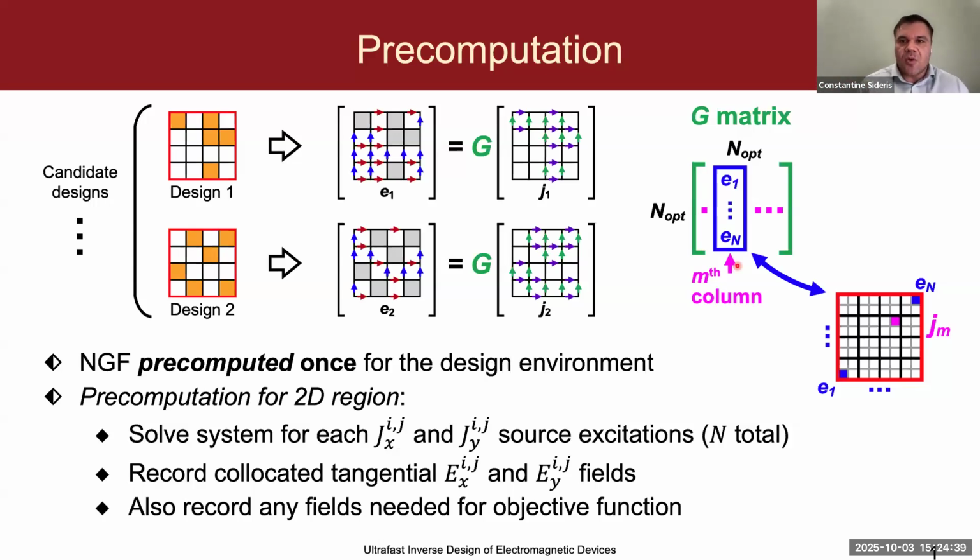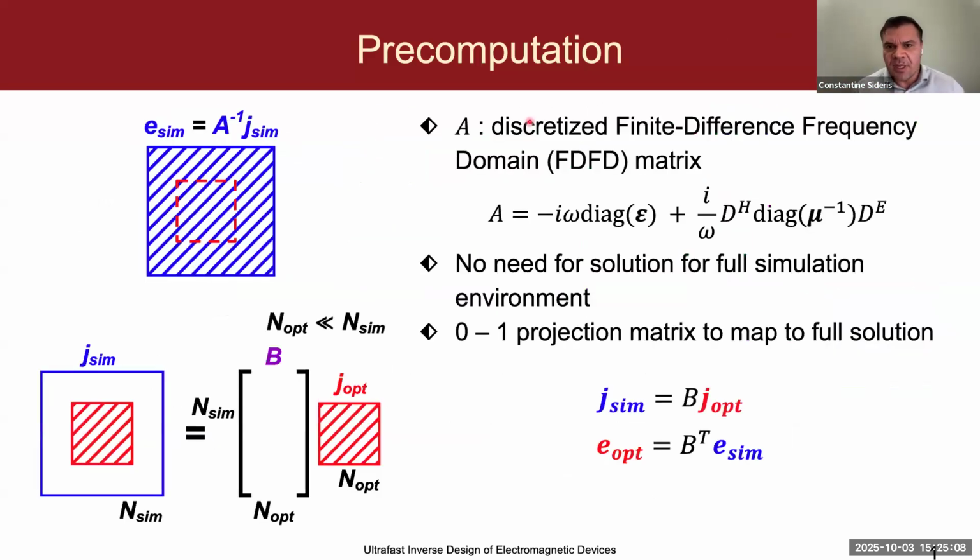To obtain this G, we need to solve the system at each location where we have a current. Again, in the finite difference world, this would be each Yee cell in the optimization region corresponding to our tile map, and record the collocated electric fields within these Yee cells on the tile map, as well as, a small caveat, recording any fields that are needed to compute the objective function of interest, but that doesn't add any additional cost.